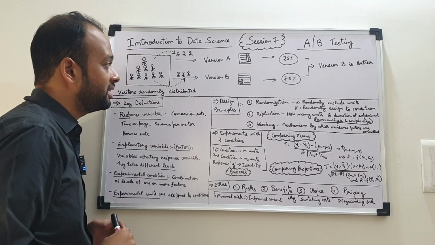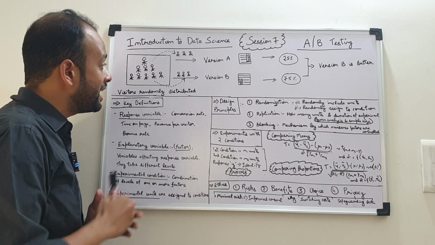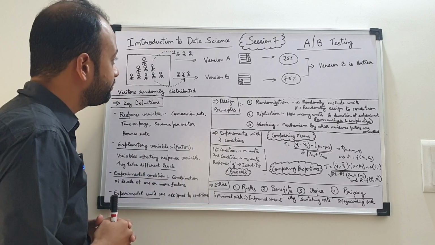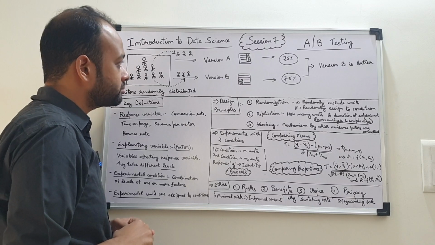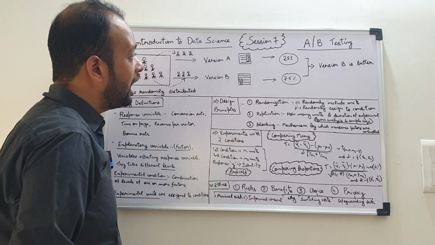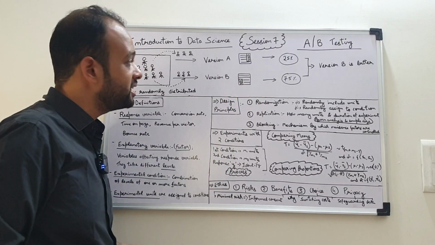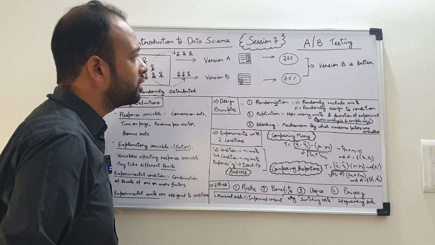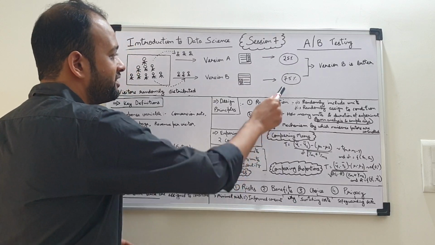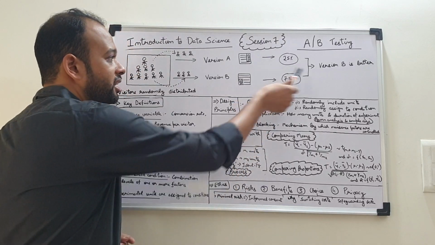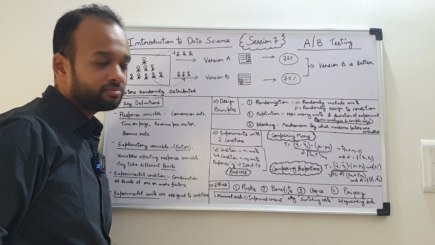We divide them randomly at the same point in time to these two versions, version A and version B. And then we measure our final metric. For example, if we are talking about a conversion rate, this is 25% for version A, this is 75% for version B. So we can conclude that version B is better.